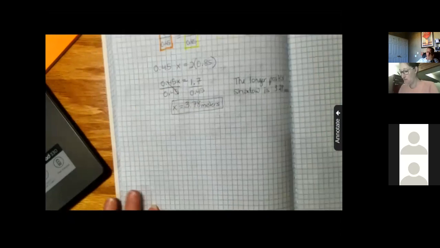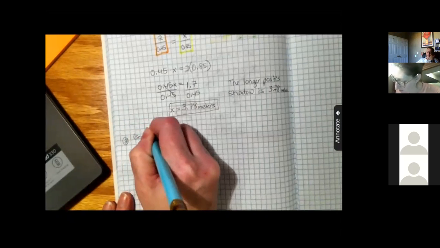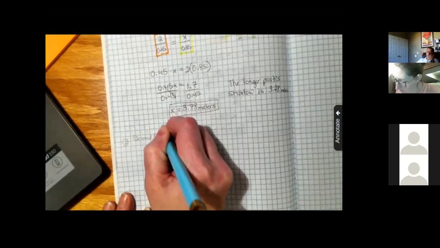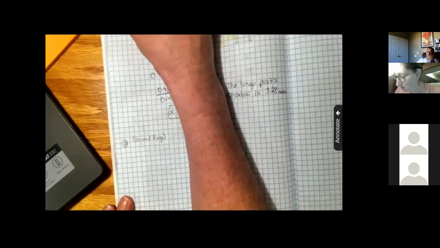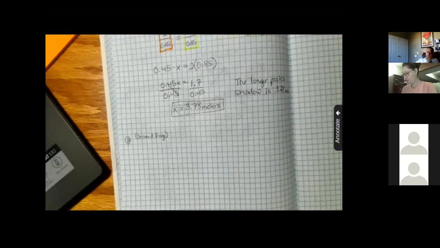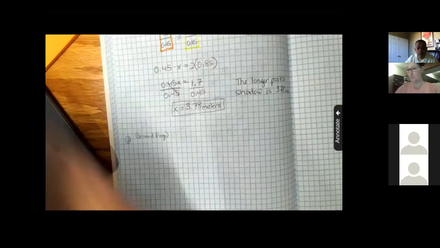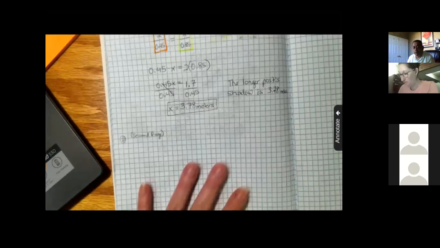Let's see. Number 2, second page. This was second page too, but I think there's only one number 7, so I'm running out of lead. This is not cool, and it's funny lead, so I'll use my pen this time, but really don't make fun of my drawing.